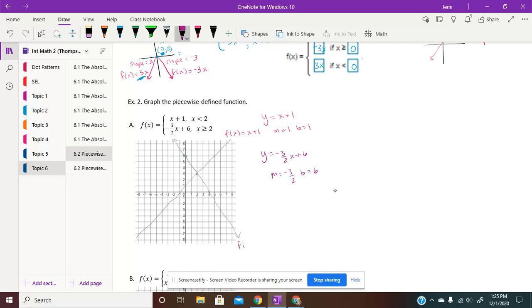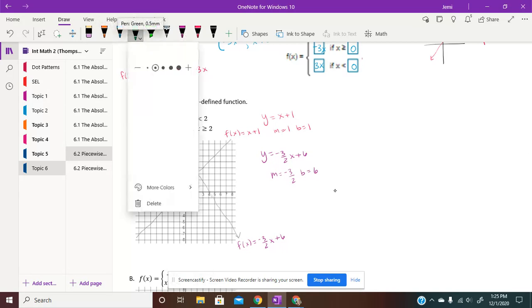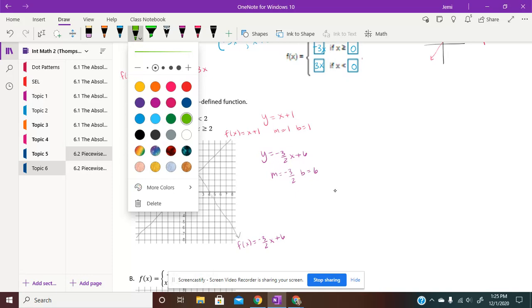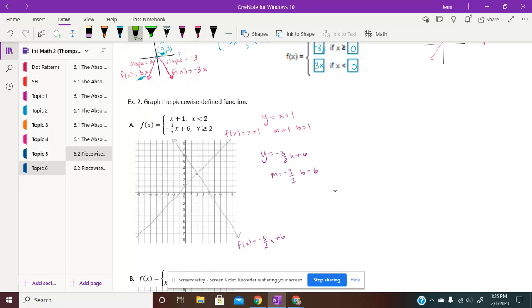So this is f of x equals negative 3 halves x plus 6. But they don't both exist at the same time. So this change happens when x is less than 2 or x is greater than or equal to 2.